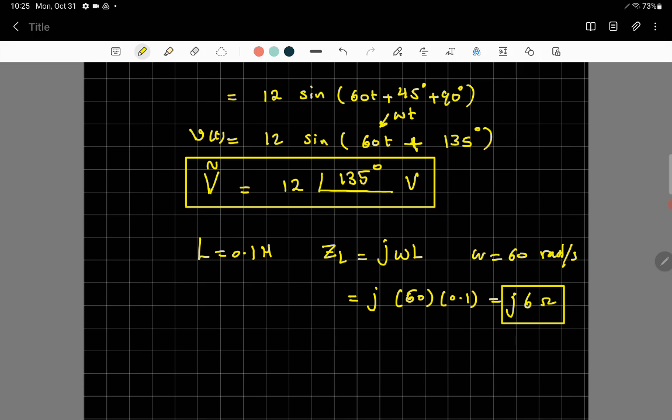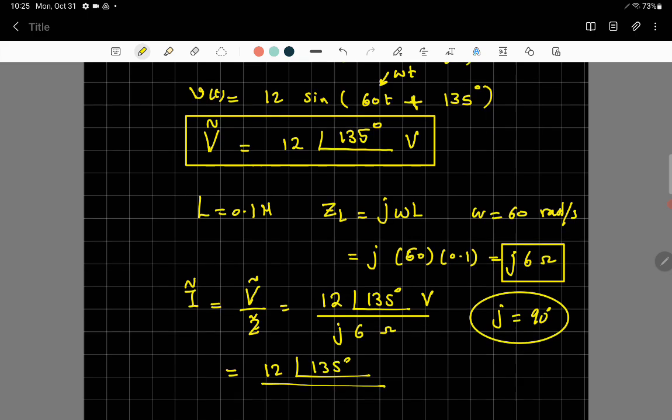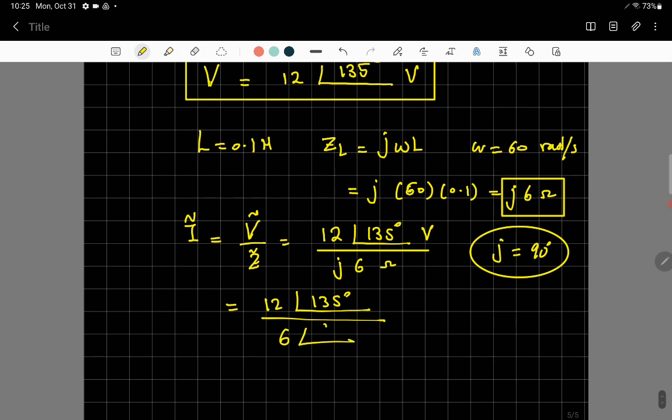All right. I found the Z. Ohm's law says that the current is equal to the voltage divided by the impedance. In this case, the voltage across the inductor is 12, and the angle is 135 degrees volts, and the impedance is equal to j6 ohm. What does j mean? j means 90 degrees. Remember that all the time. So you can say it's equal to 12 angle 135 divided by 6 angle 90.